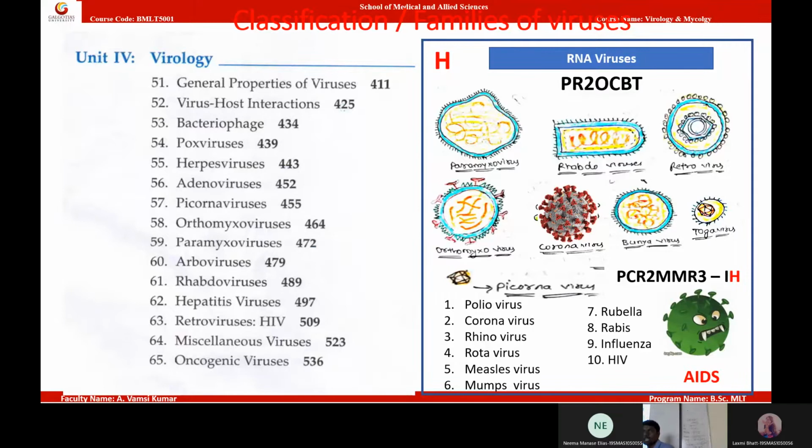Previously, we discussed polio, then we are going to rhinovirus. Since polio and rhino share the same family, the properties will be the same. Both are enteroviruses. That means they will enter our body through the feco-oral route, by contaminated food. Usually, enteroviruses enter our body by contaminated food.